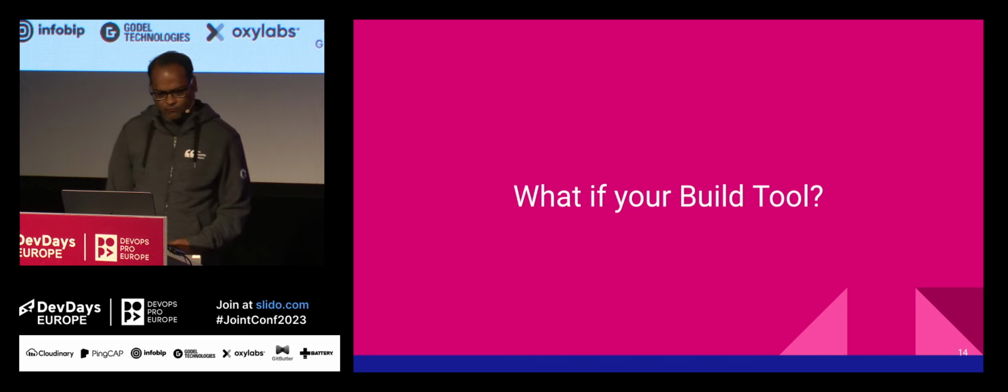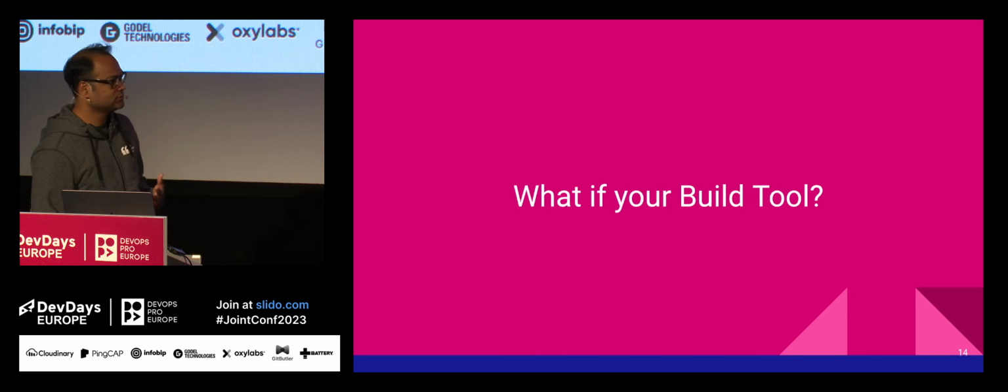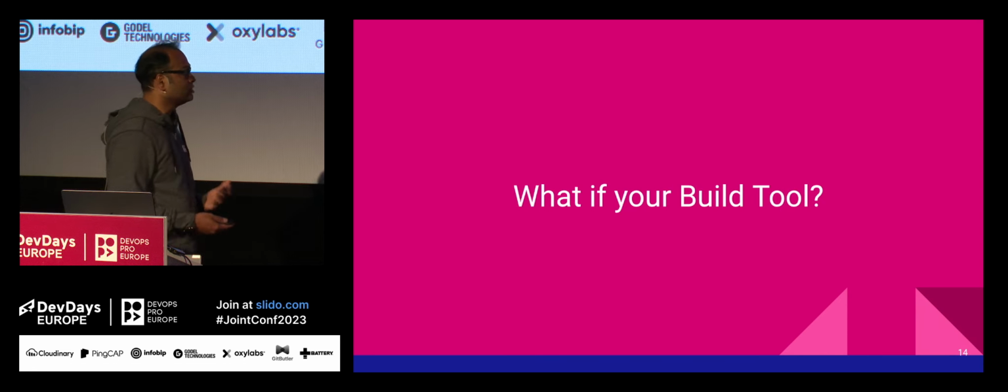So let's see, what if you have a build tool? If you have a problem, of course, you will look for a solution. The problem here is build tools, but I'm introducing another build tool which can help you avoid the drawbacks which we just saw. What if your build tool is fast, irrespective of technology? Whether you use front end, back end, doesn't matter. It is fast.